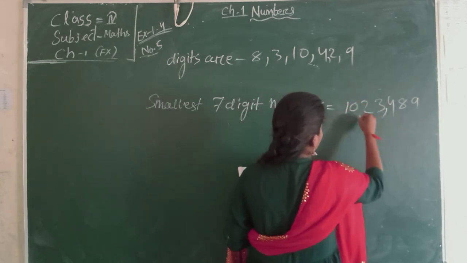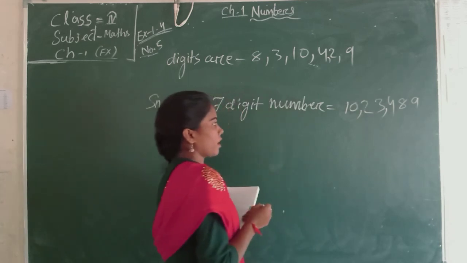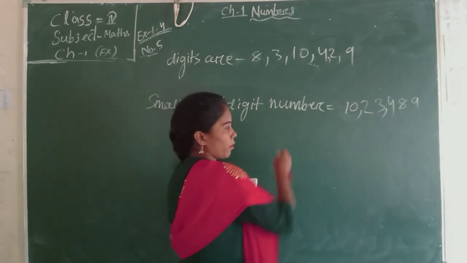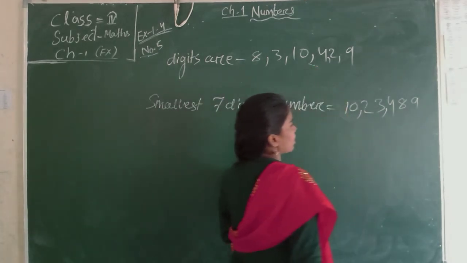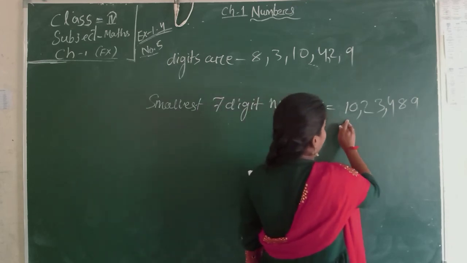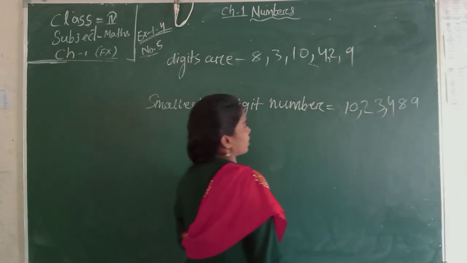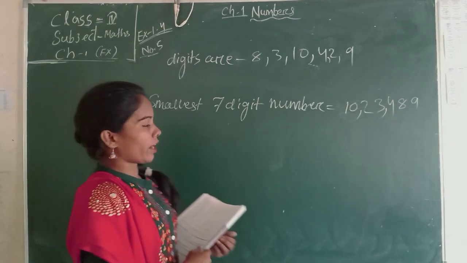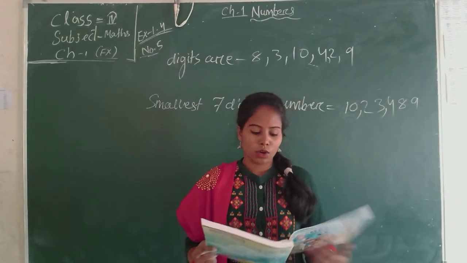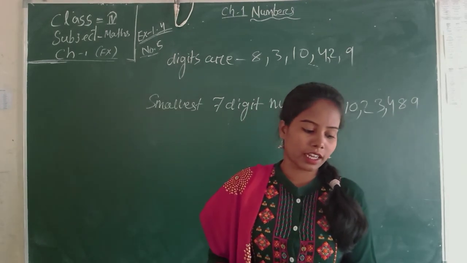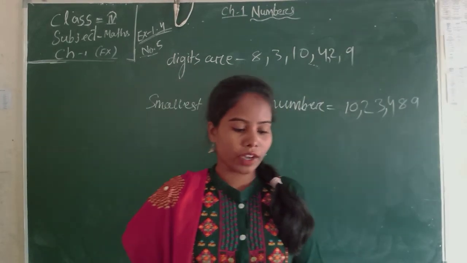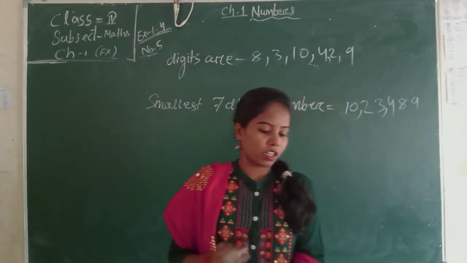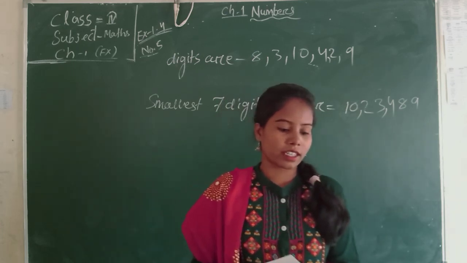So this is the smallest 7-digit number made from these digits, and the number is 10,23,489.